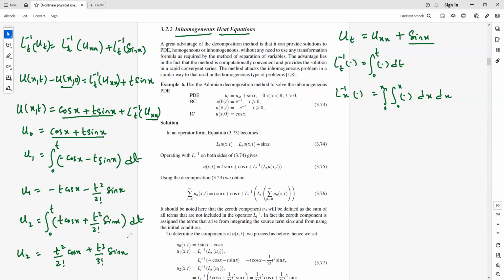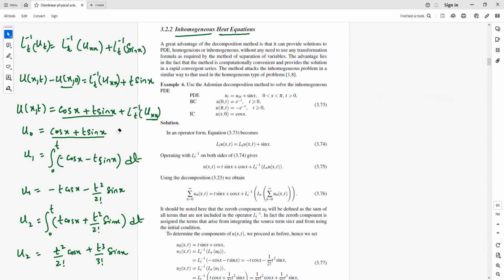Therefore, we will get a series expansion. We know that the function u of x, t equals u_0 plus u_1 plus u_2 and so on.